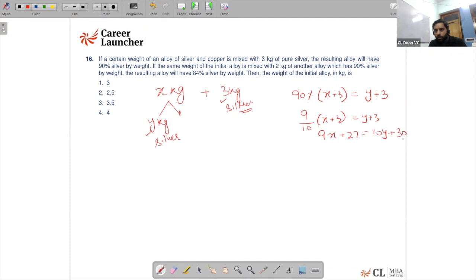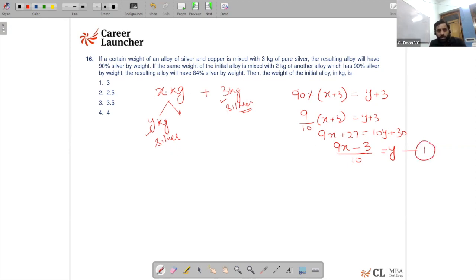That is one equation, which can be rewritten as, if you take 30 to this side, 9x minus 3 upon 10 is equal to the value of y, right? So 9x minus 3 upon 10 equals y. That's one equation that we have got when I mix x kg with 3 kg.